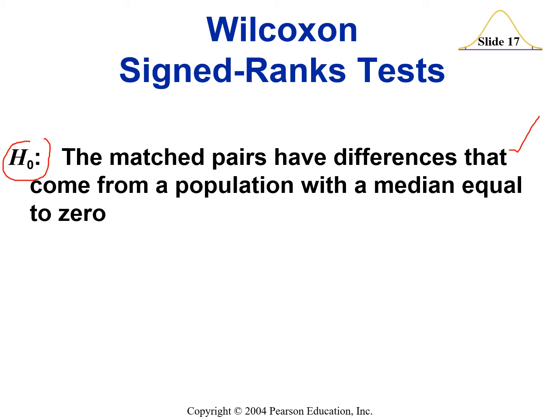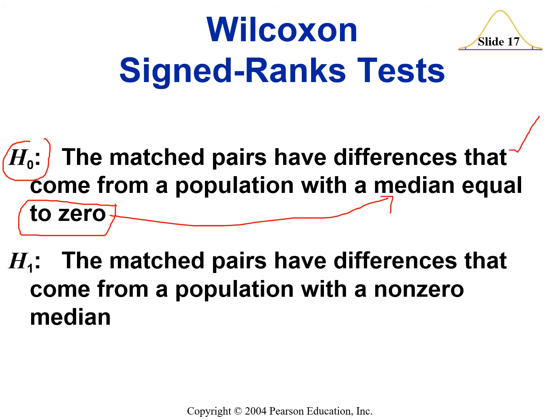Median equal to 0 implies no difference between the two populations. Alternative hypothesis: the matched pairs have differences that come from a population with a non-zero median. Again, please take them as they are.